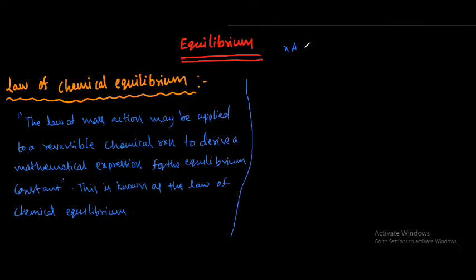For a reaction, x moles of A plus y moles of B gives m moles of C plus n moles of D, and m moles of C plus n moles of D gives x moles of A plus y moles of B. Here, let's consider x moles of A plus y moles of B gives m moles of C plus n moles of D, the forward reaction, with equilibrium constant Kf, and the backward reaction with equilibrium constant Kb.